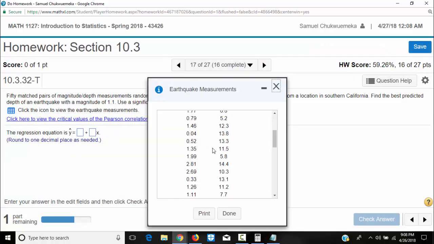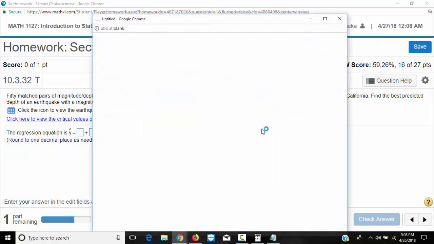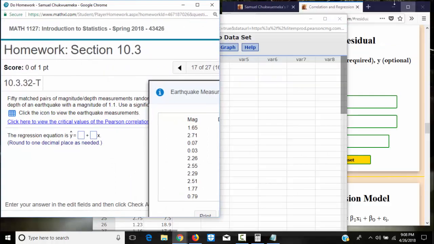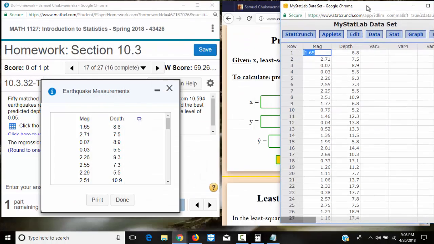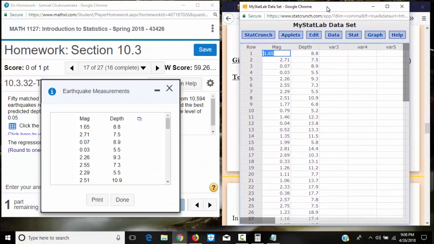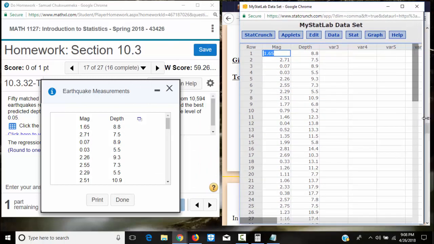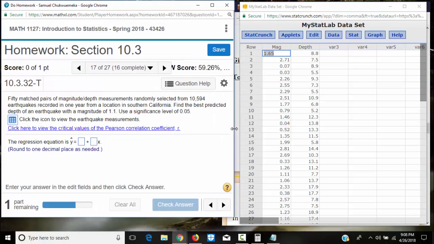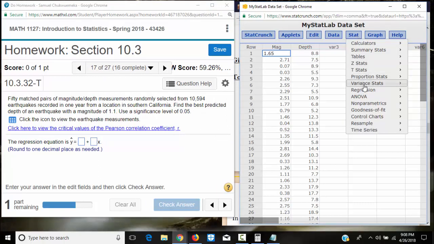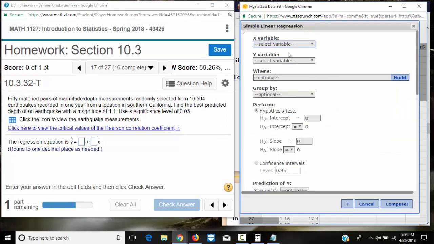This is 50 pairs of data. That's a lot. So let's use Statcrunch. Go to Start, Regression, Simple Linear.